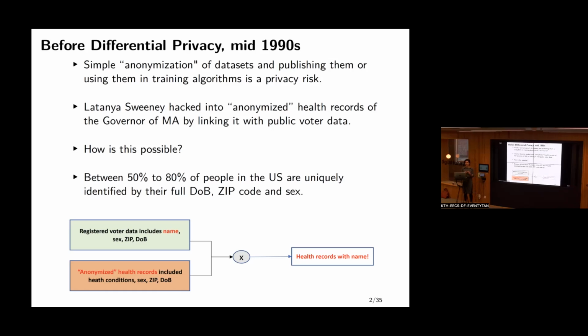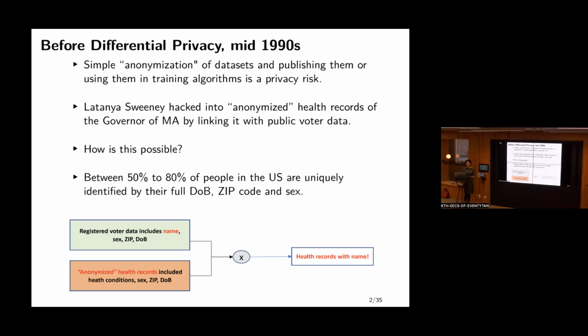One of the first examples of this: an academic from Boston managed to cross-link publicly available data with so-called anonymized health records of a public hospital, and reverse engineered everything about the health records of the Governor of Massachusetts.